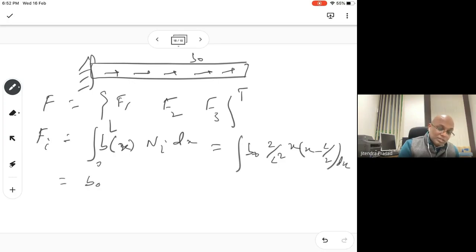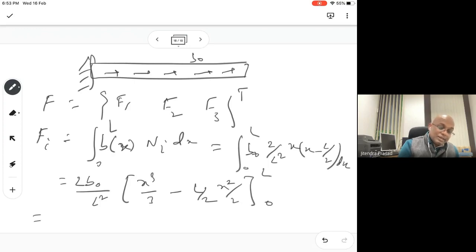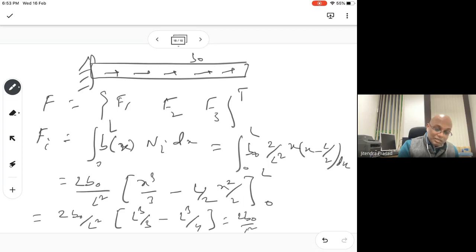So it equals 2 B naught over L square, and then you have the x square term here, so you get x cube over 3 minus L over 2, and then you have x square over 2, from 0 to L. So this will be equal to 2 B naught over L square, and then you have L cube over 3 minus L cube over 4, multiplied by L cube multiplied by 1 over 12.